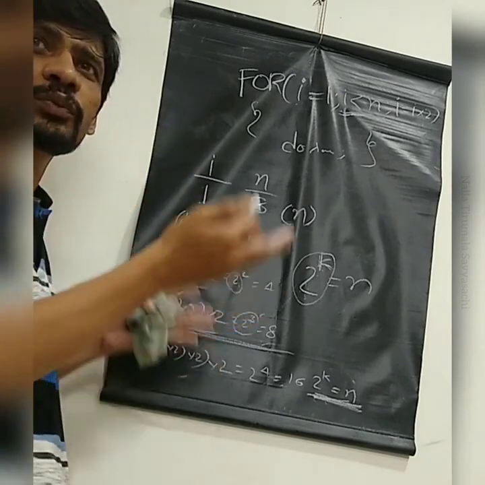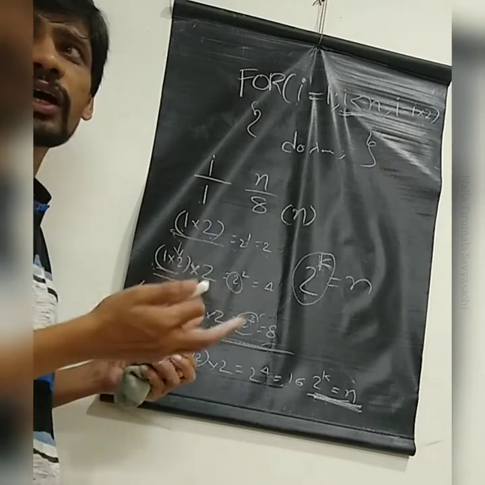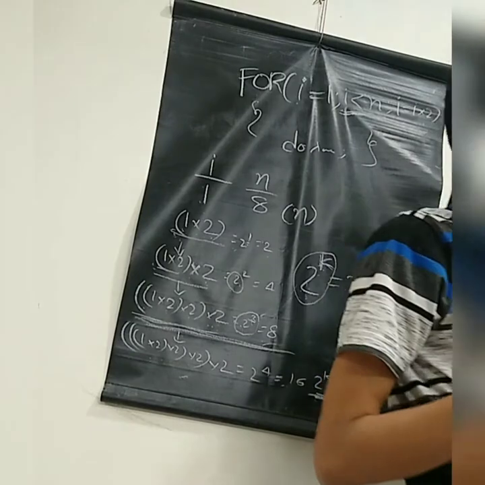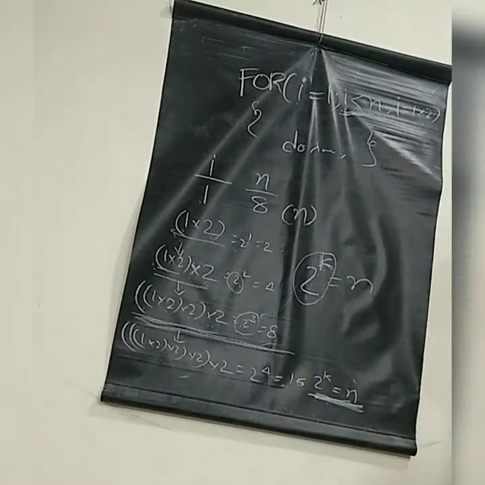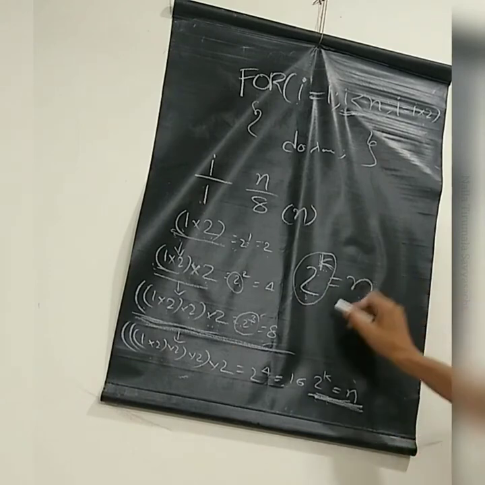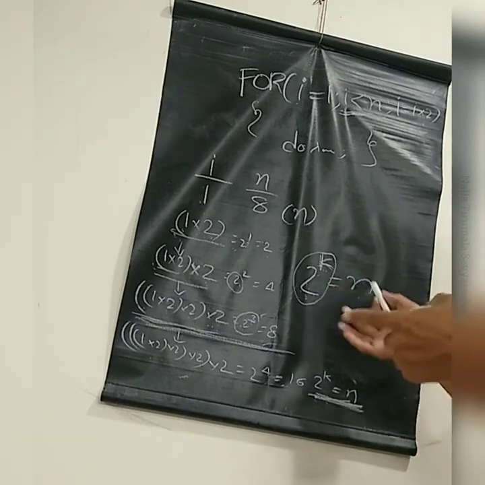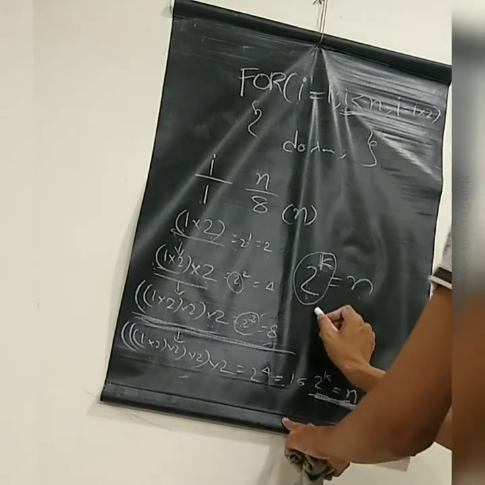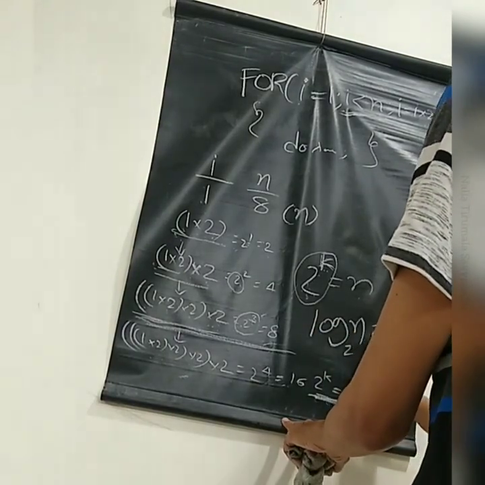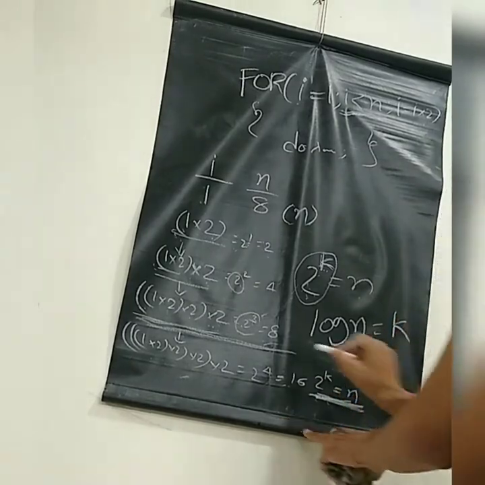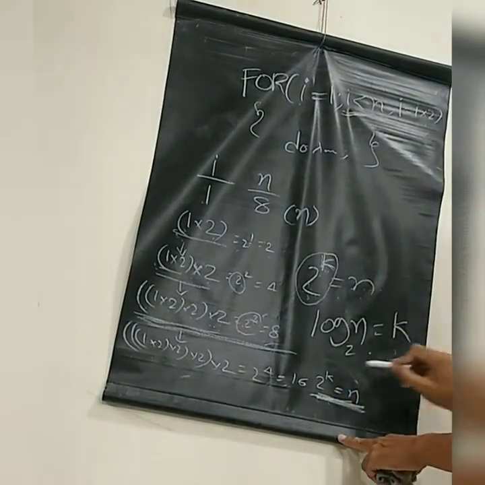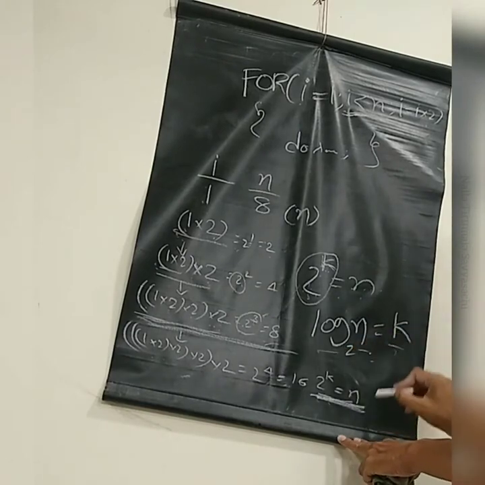That time I said we will utilize logarithmic functionality while calculating the complexity of an algorithm, right? So now what I have is 2 power k equals n. How can it be represented in logarithmic fashion? Log n base 2 equals k, right? 2 power k equals n can be represented as log base 2 of n, right?